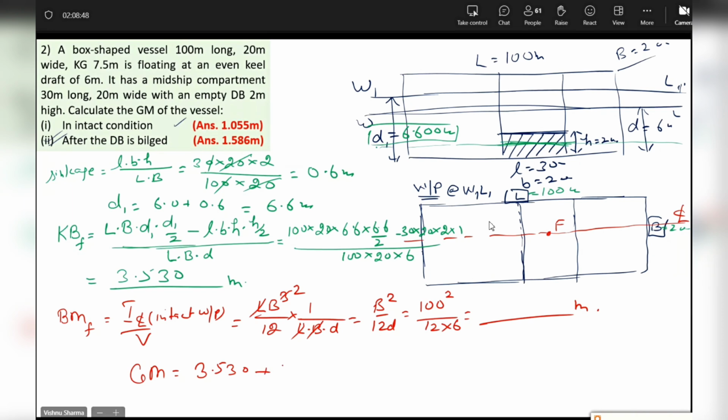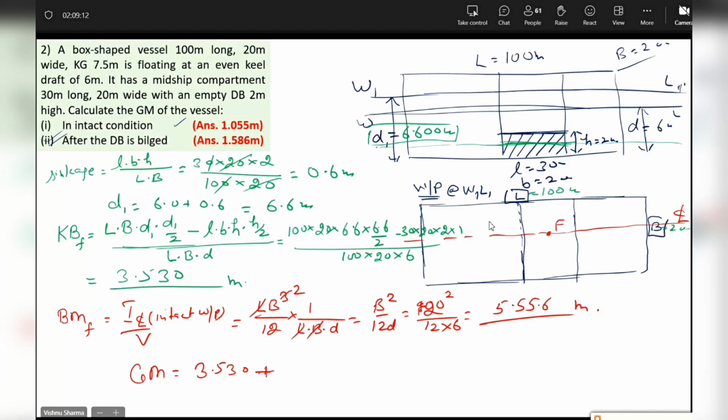Sorry, my mistake, I stand corrected. B square is 20. How much does it come to? 5.556. Same as last time.